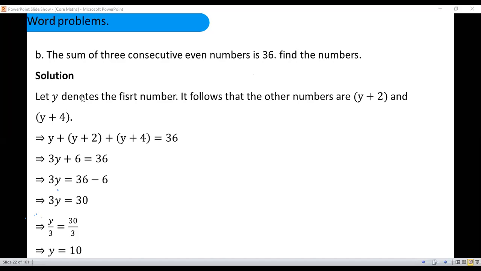To get the next even number, you know they have a difference of 2. Who can tell me what the next even number will be if the first even number is y?